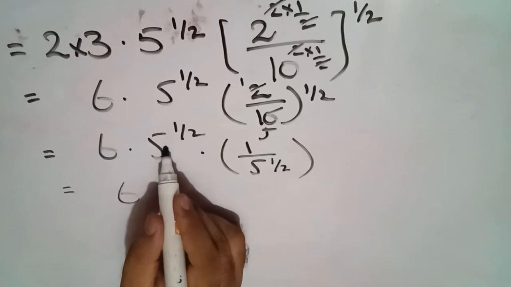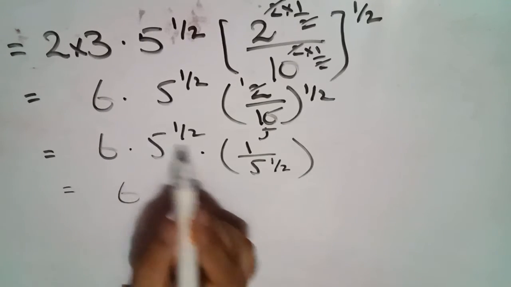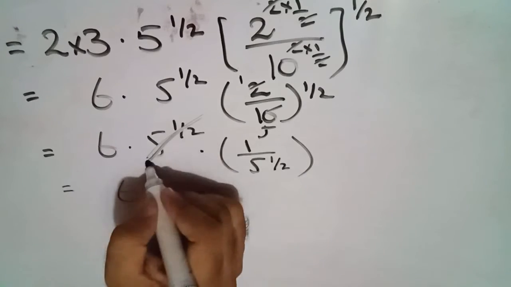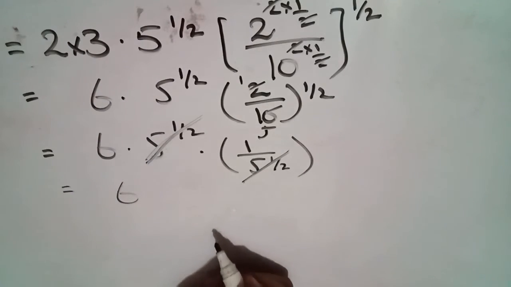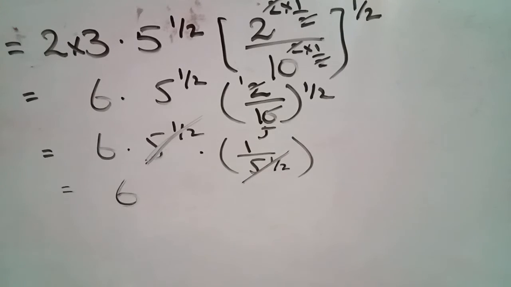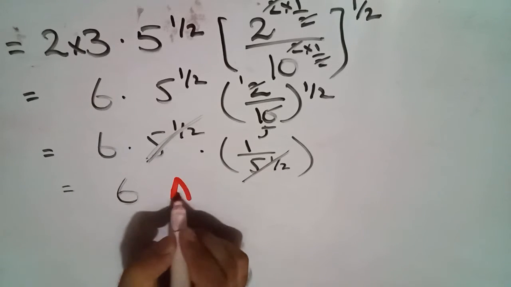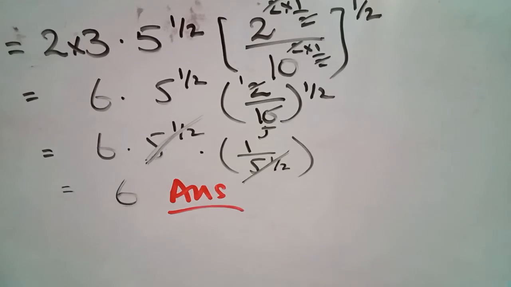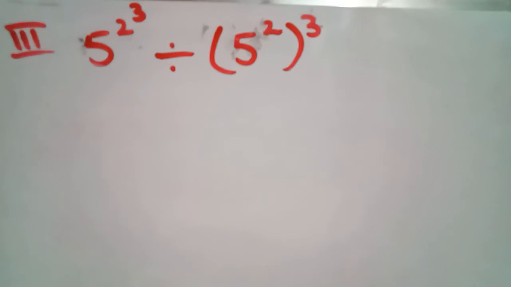So it is in the numerator, it is in the denominator, so both will cut each other. By cutting, there will remain only 6 and your answer will be 6. You can just write here the answer is 6. This is your answer. Okay, let's move towards the next question.